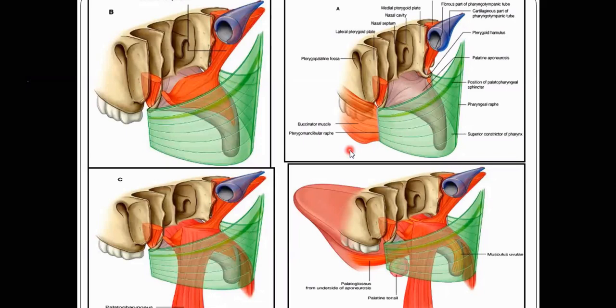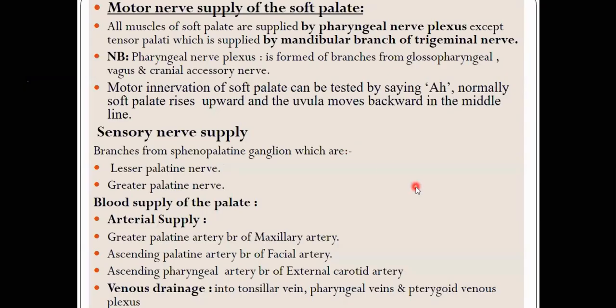So let us see what else. Now this is the nerve supply of the palate. Normally, if you put your finger inside your oral cavity and touch the uvula, you will feel a reflex, and that reflex is the feeling of vomiting. Has anybody tried this?